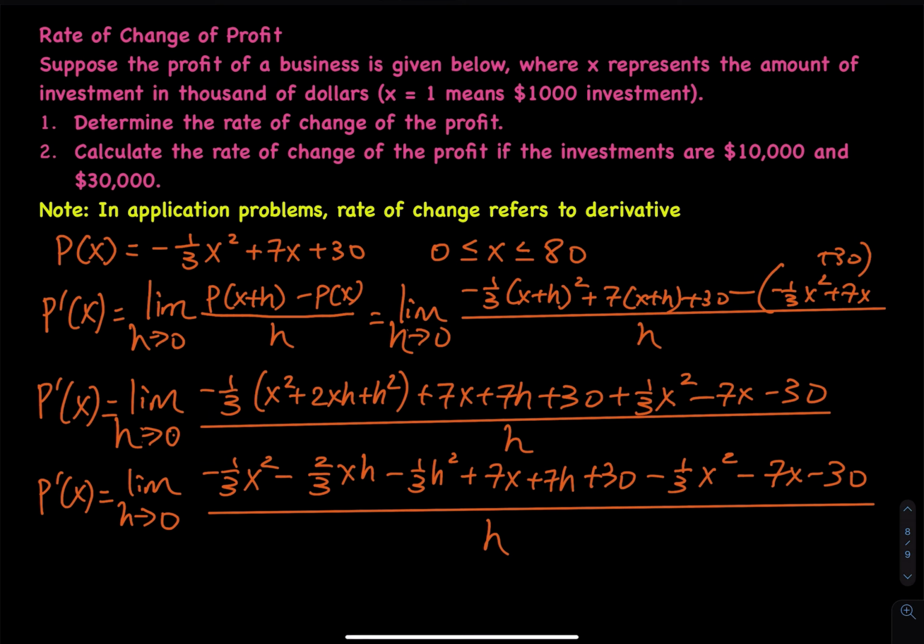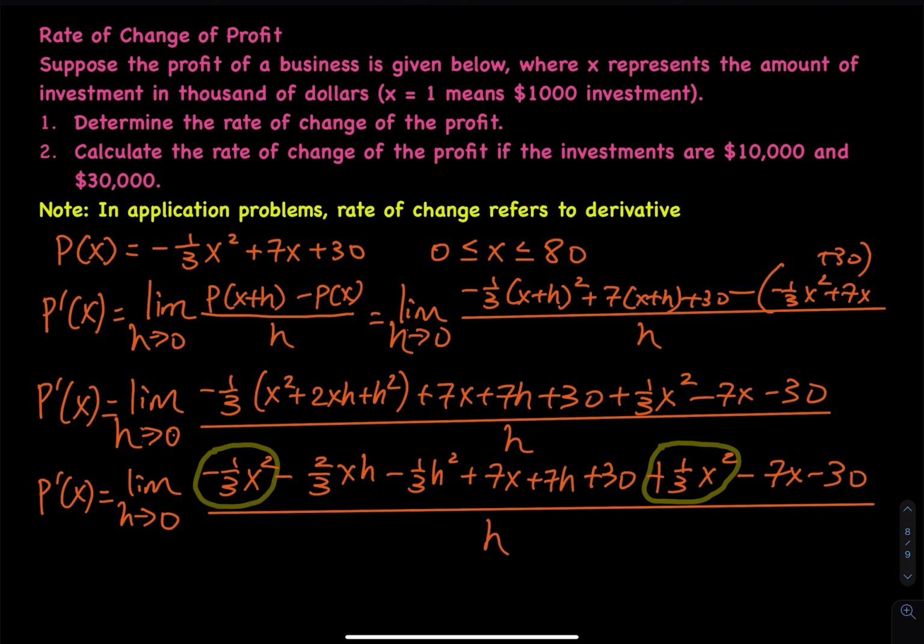Alright, let's pick the highlighter. First of all, I can see that the negative 1/3 x squared and the plus 1/3 x squared got cancelled. Do you see that I just corrected the sign to a plus? The reason is, if that were a minus, I wouldn't be able to get rid of the 1/3 x squared.